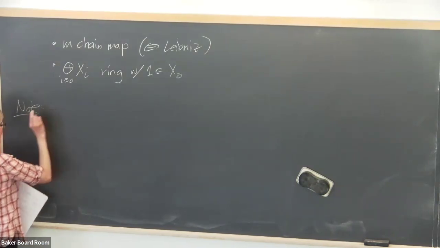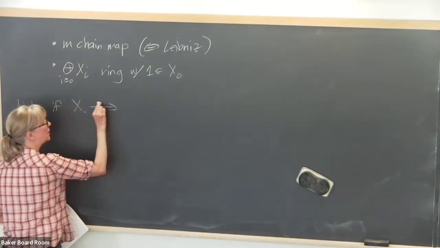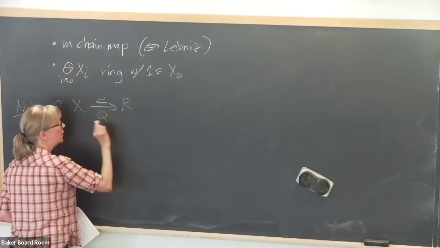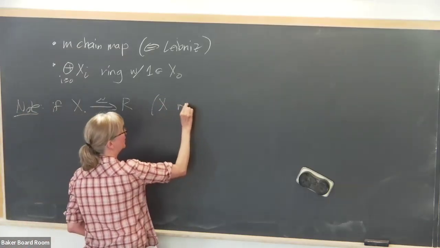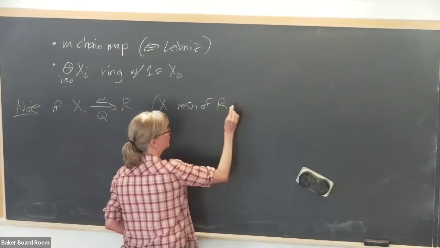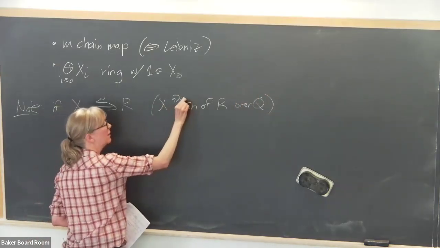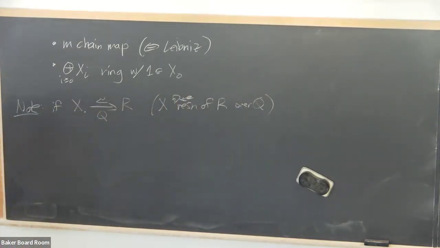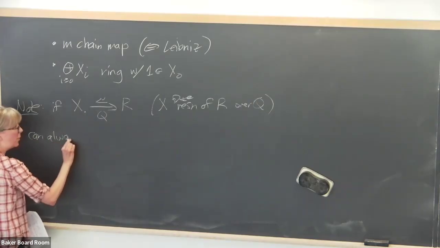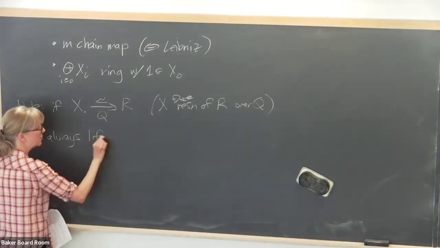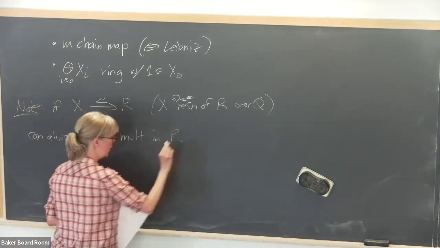So, all right, if X dot is a resolution of R over Q by Q-free modules, the free resolution of R over Q, you have a product in R, and you can always lift the multiplication in R as follows.